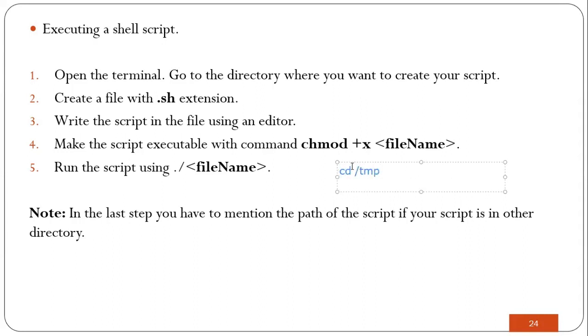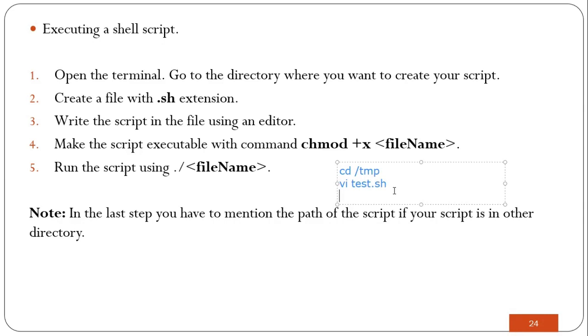Now I will create a file, vi test.sh. When you do vi space test.sh, it will create a file with test.sh and it will open the file. You write or update the code in the test.sh and save this file.